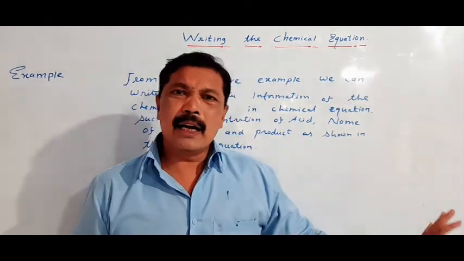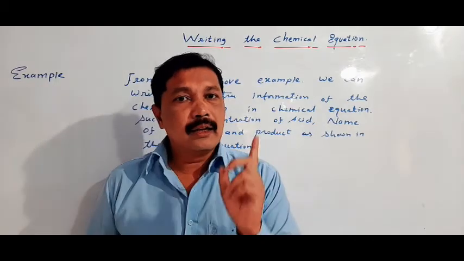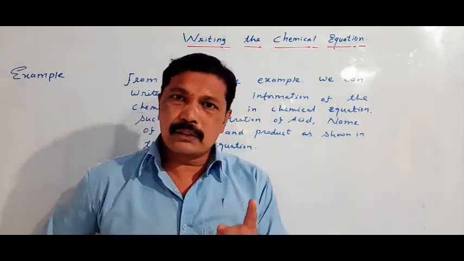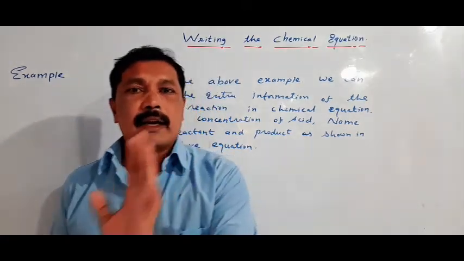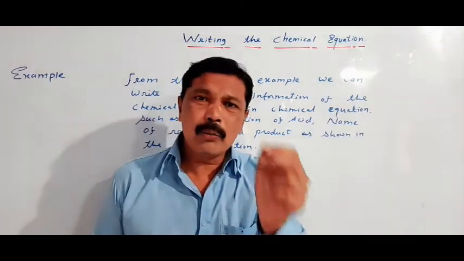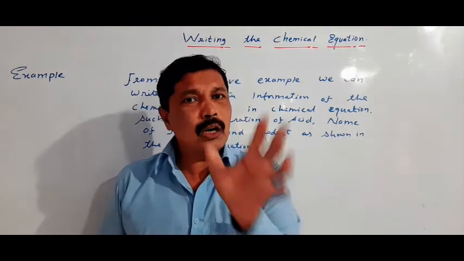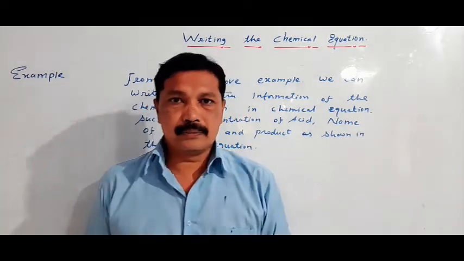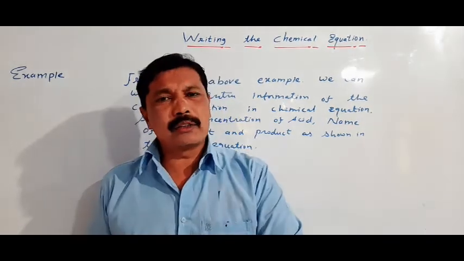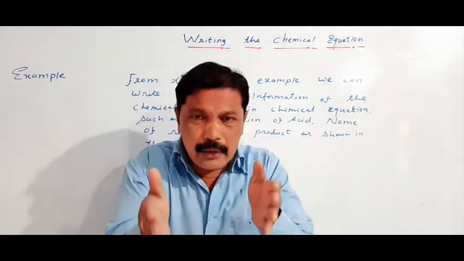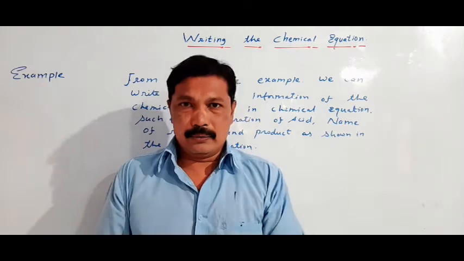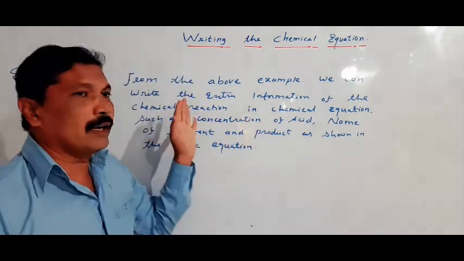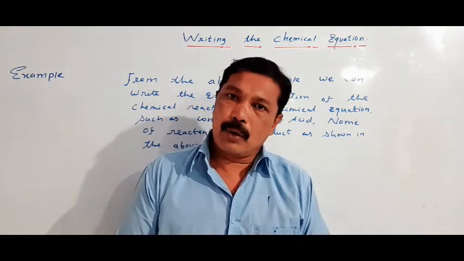The reactants are written on the left hand side, whereas the products are written on the right hand side. Two or more reactants or two or more products are separated by plus sign. Reactants and products are connected together by an arrow, which is pointing from the reactant towards the product.